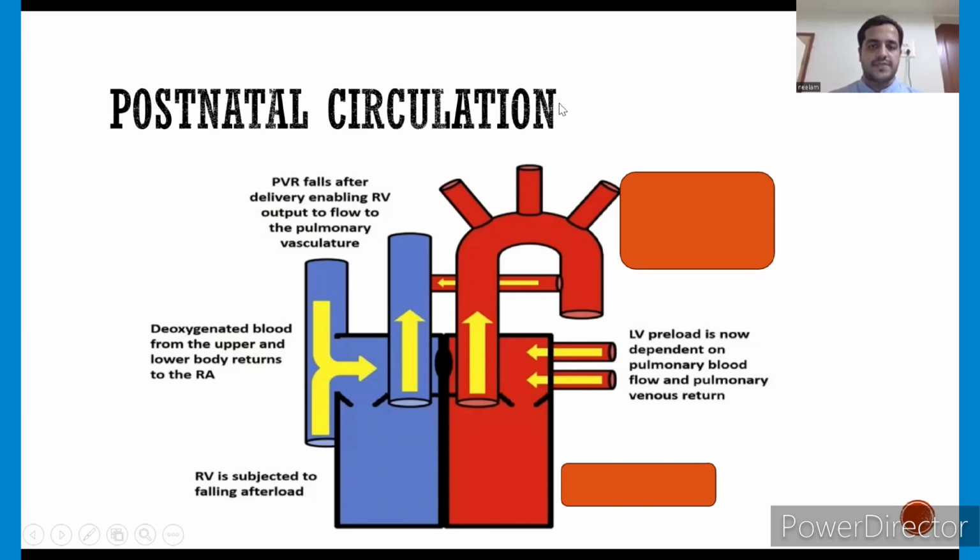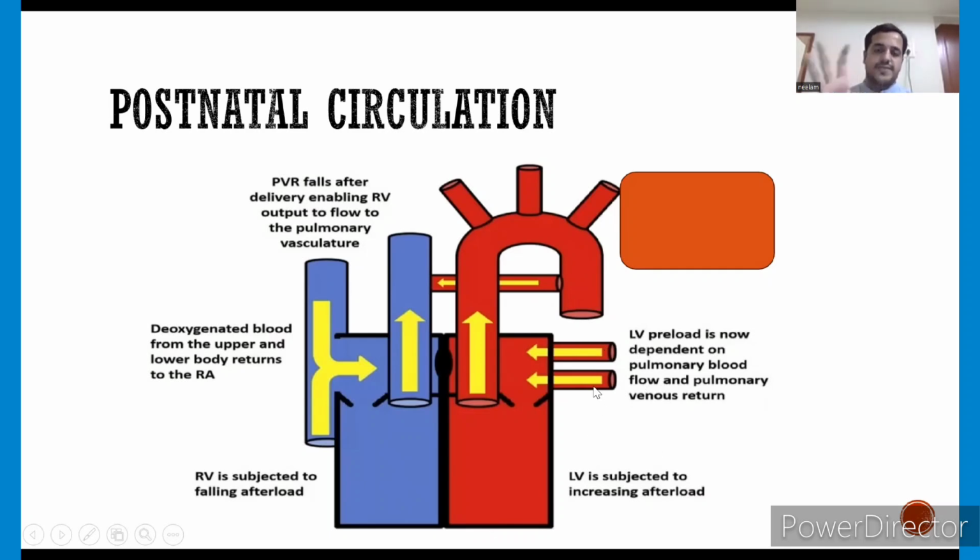This blood, which is getting oxygenated from the lungs, comes to the left atrium through the pulmonary veins, and from the left atrium it goes to the LV, and from LV it goes into the aorta. So the LV preload is now coming from the lungs and not from the placenta. And LV is subjected to high afterload, because earlier there was the placenta, which was a low pressure system.